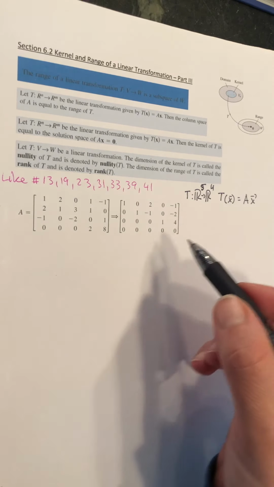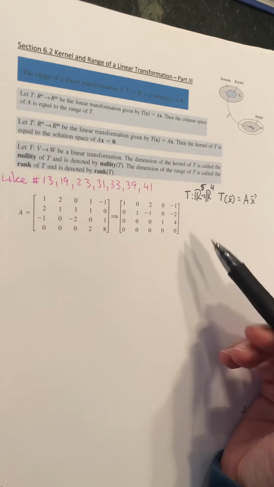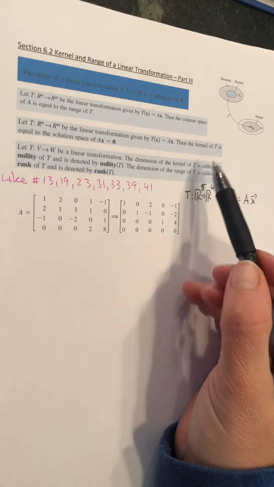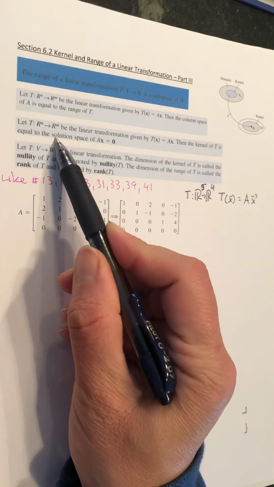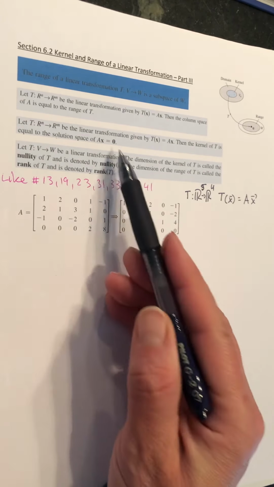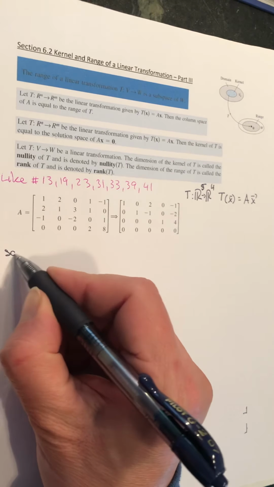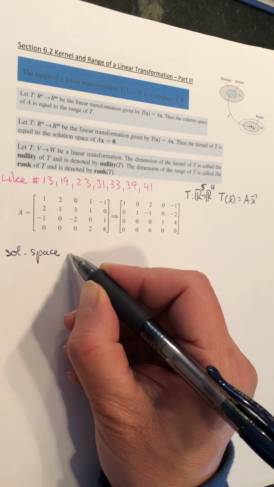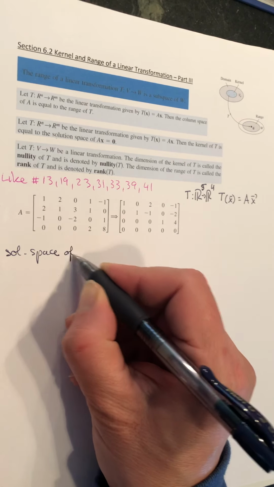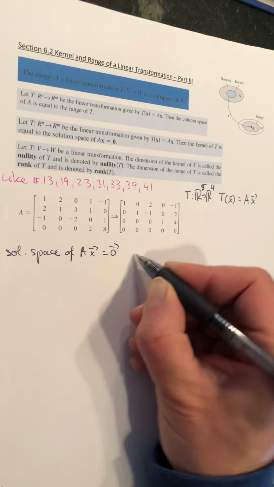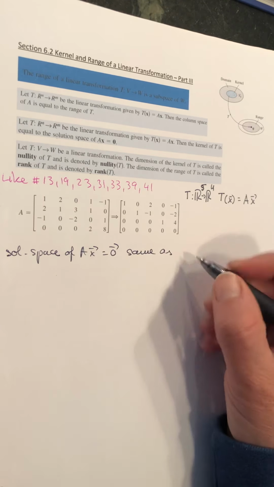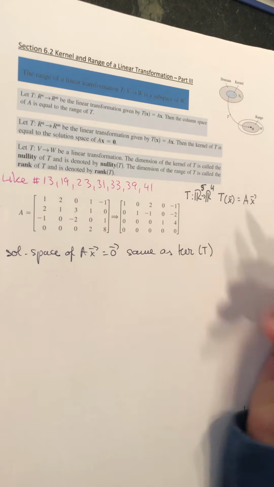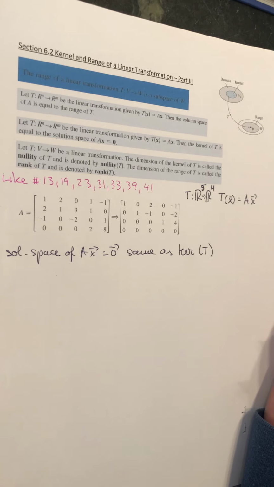So the solutions will be 4-dimensional. We saw earlier the computation that I ended the last video with. We were finding the solution space of AX equals 0, which is the same as the kernel of the transformation T given by left multiplication by this matrix.